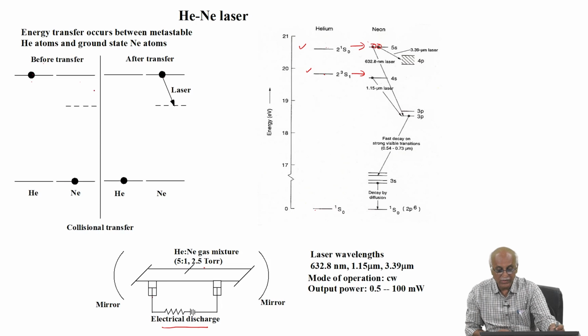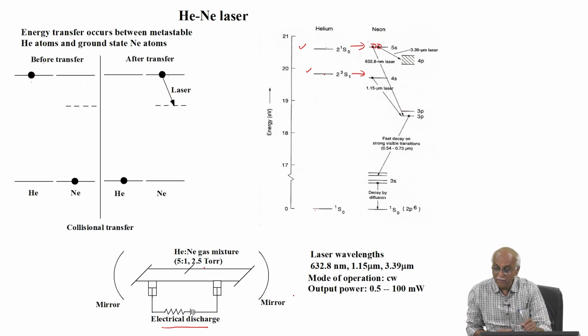So, these energy levels are similar to what you see in 3 level energy systems. However, here the population inversion is between the neon higher level and the neon lower level over here, so the population inversion takes place.